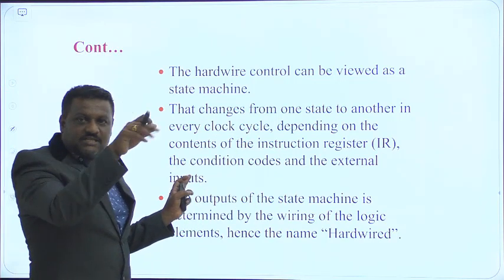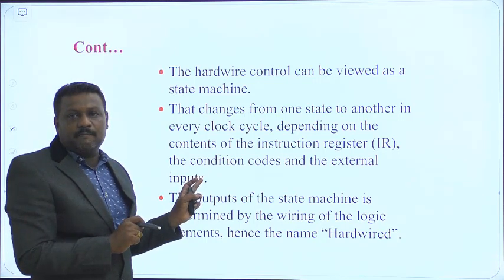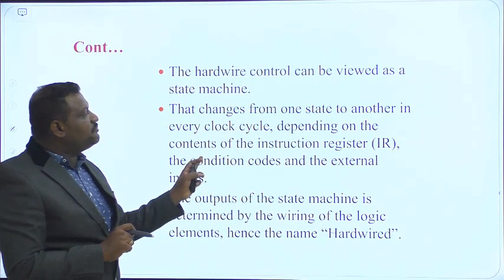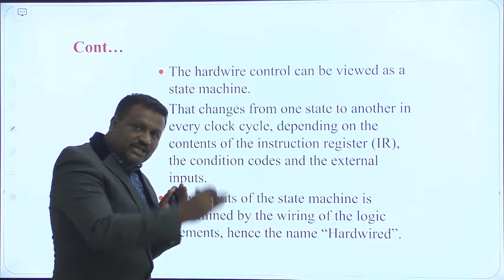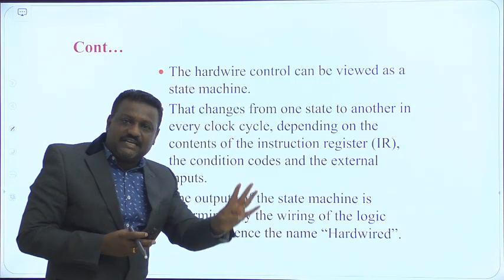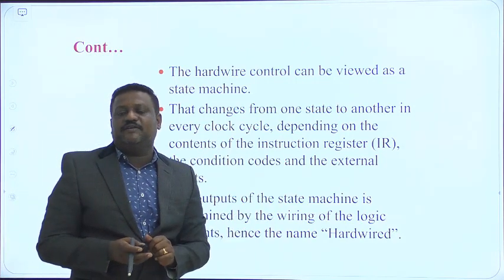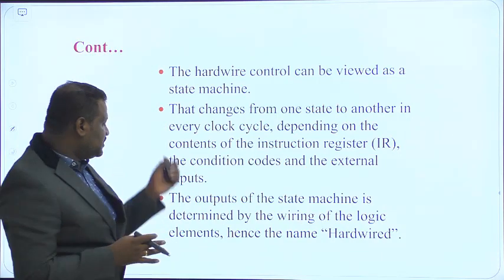Timing signals are already given by my step decoder. These are very, very important. To change the state from one state to another, I have to consider three important pieces of information: one is the IR value, the second is external inputs, and the third is condition codes. So that's the meaning of this.